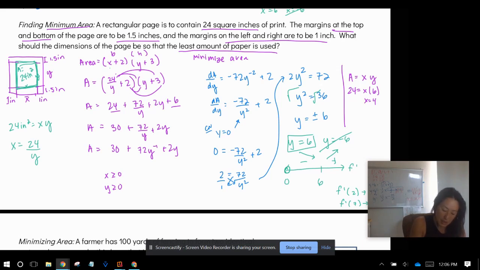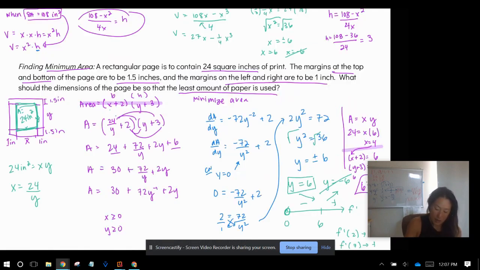Now I just need the actual dimensions, so adding the margins. So I have x plus 2 is equal to 6, since x is equal to 4, and y plus 3 is equal to 6 plus 3, which is 9. So the dimensions of the paper are 6 by 9 inches.